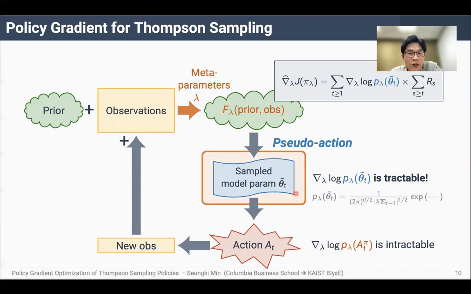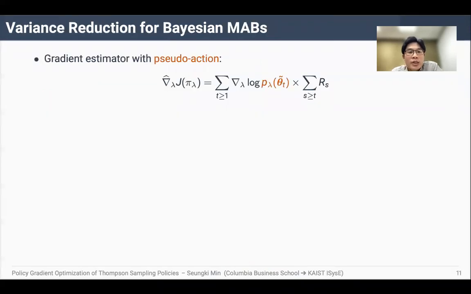It's seemingly very obvious, but it's obvious once we know the answer. I'd like to say it is not so trivial that anyone can figure it out easily. Anyway, with this pseudo action interpretation, we can compute the gradient estimate in a tractable way.